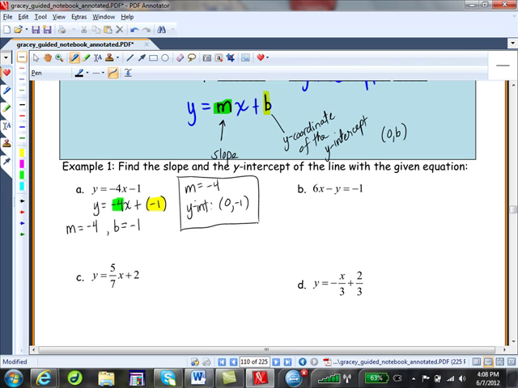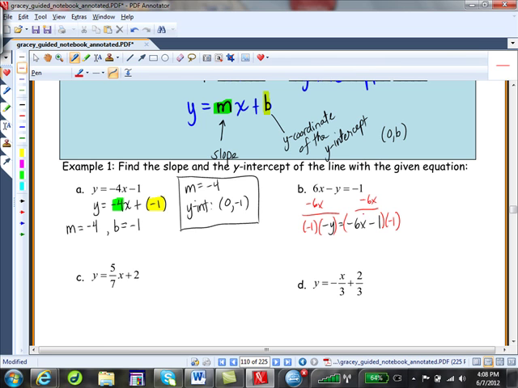Okay. Part B. You see we need to do a little bit of maneuvering. We're not in that y equals form, we don't have an isolated y. So if we were to subtract 6x from both sides, we would get negative y is equal to -6x minus 1. And now we need to get y to be positive. So I'll just go ahead and multiply both sides by -1.